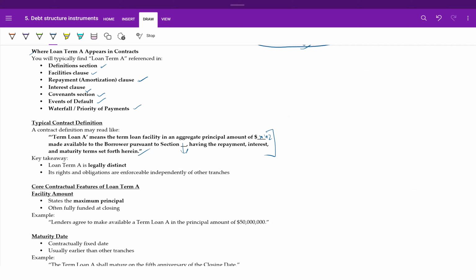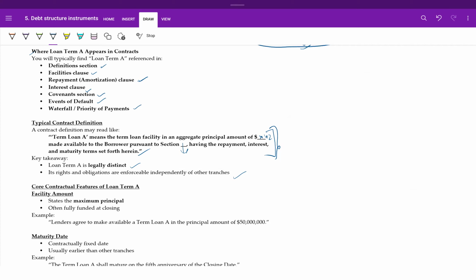This is what a loan term A contract looks like. The key takeaway is that loan term A is legally distinct from the other tranches. Its rights and obligations are enforced independently. This means a default under loan term A can trigger remedies even if other tranches are current.